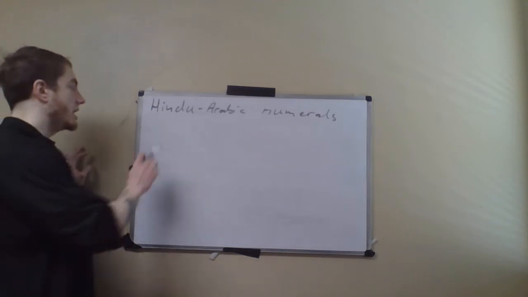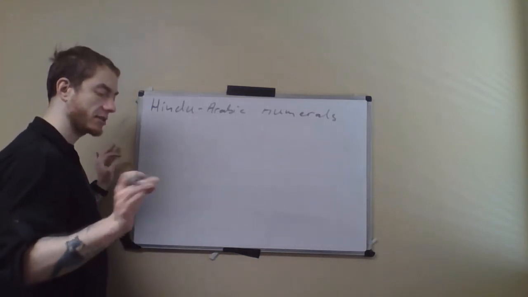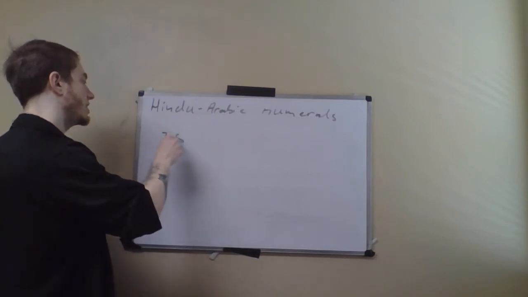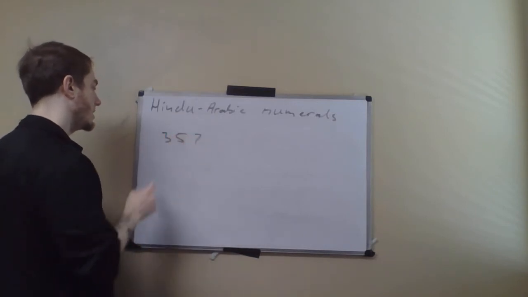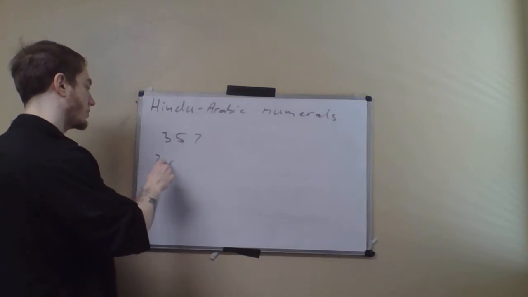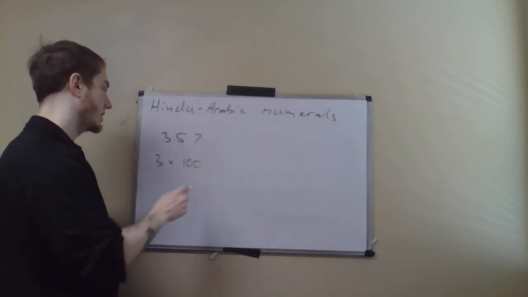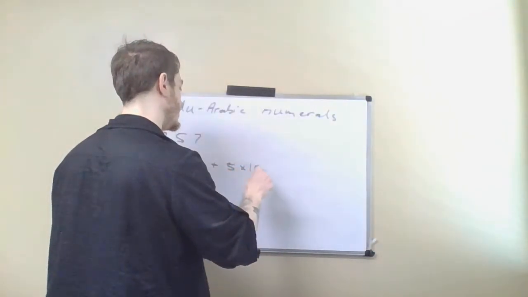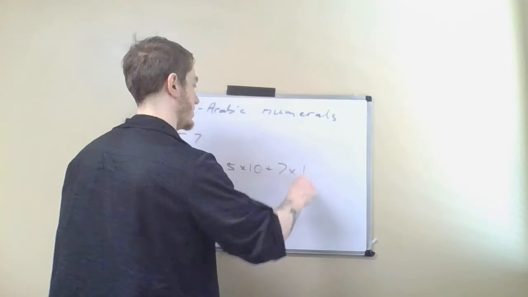So, for example, and this doesn't have anything necessarily to do with decimals yet, if we have the number 357, this means that we have 3 100s plus 5 10s plus 7 1s.